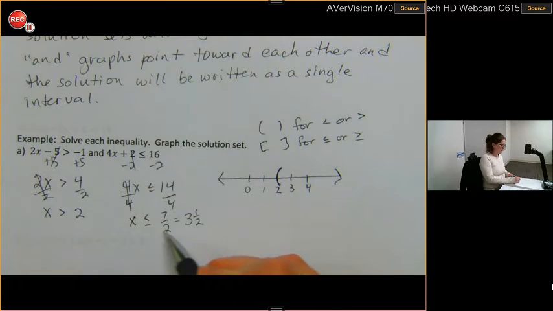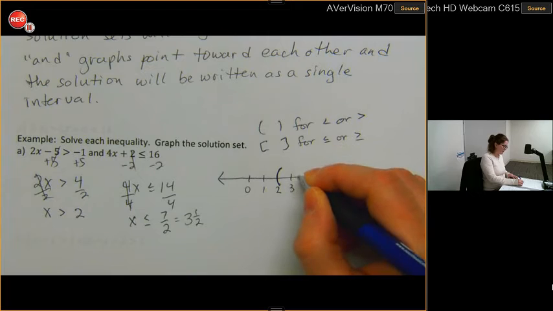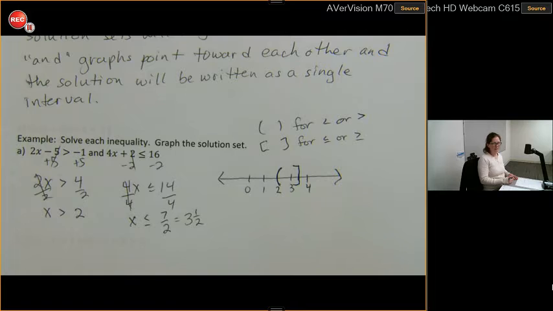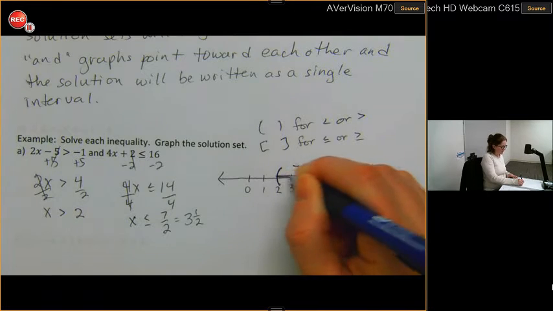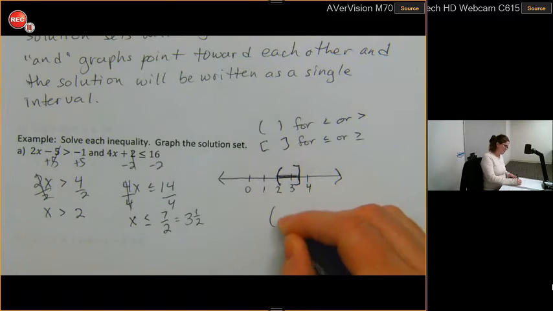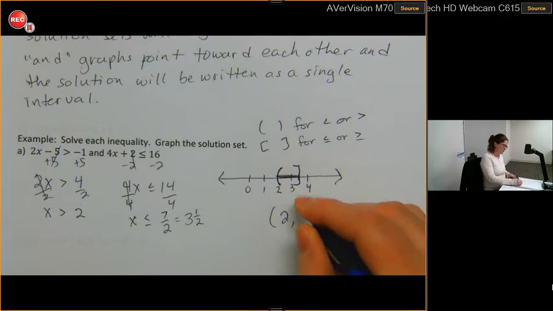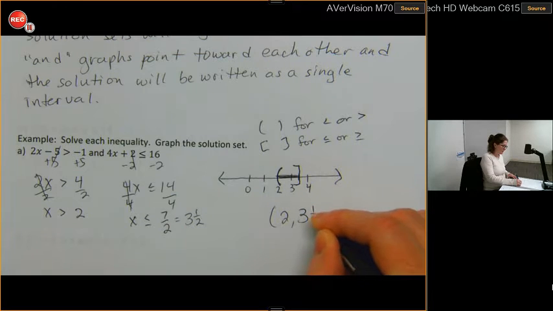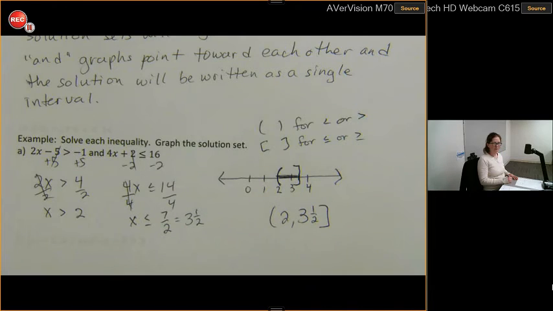And then x is less than or equal to 3.5: at 3.5, I'm going to use a bracket pointing left, because that's the less than direction. My solution is the area in between. To write in interval notation, I just drop the number line out of it, and I have a parenthesis on the 2 to 3.5 with a bracket.